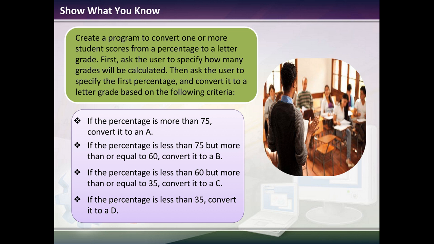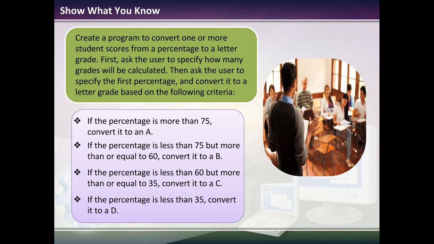They want us to say that if it's 75% or more, then we convert it to an A. If the percentage is less than 75 but more than or equal to 60, convert it to B. If the percentage is less than 60, between 60 and 35, convert it to a C, and if it's 35 or lower, convert it to a D.